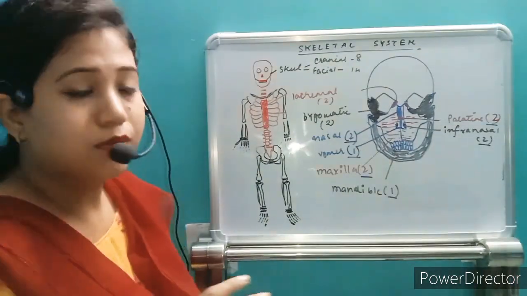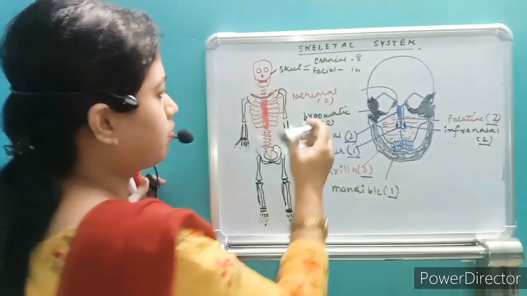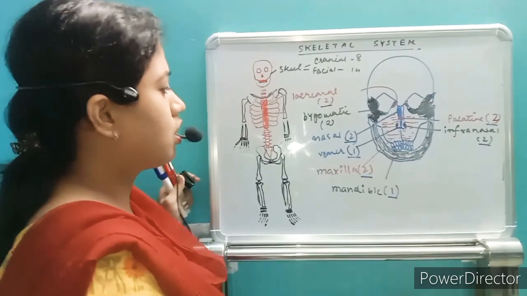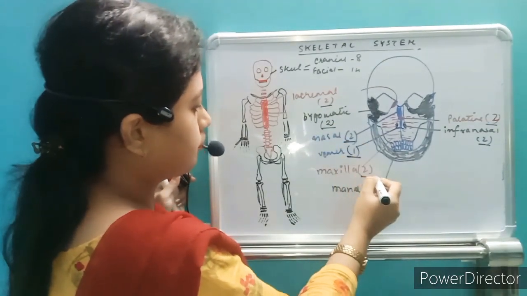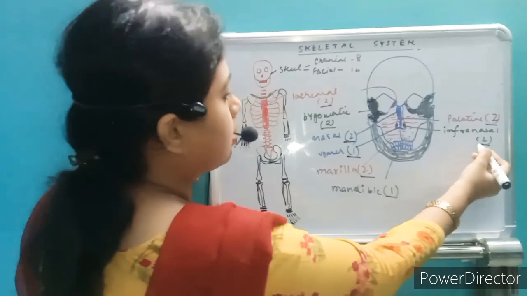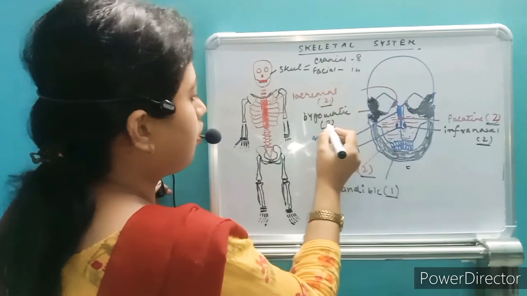So in total, how many bones do we have? 14. These are the two zygomatic, so two counted, lacrimal 2, 4, maxilla 2, 6, palatine 2, 8, and this is one single mandible, 1. So once again, count it.